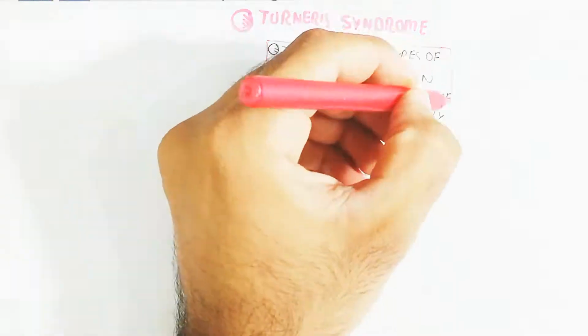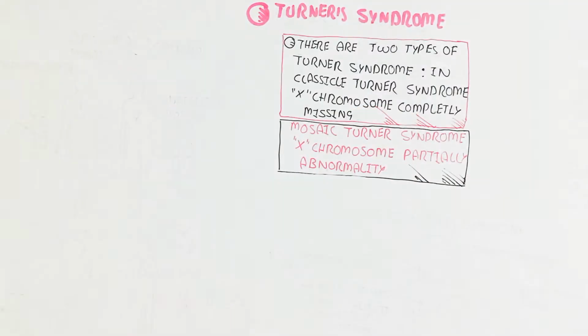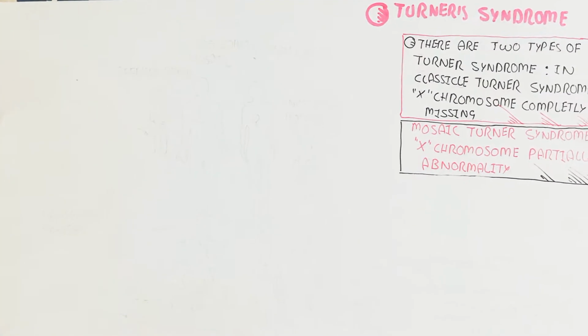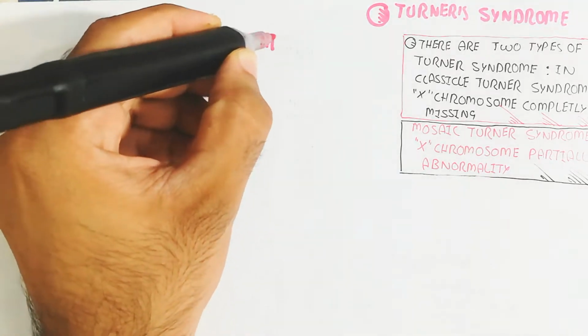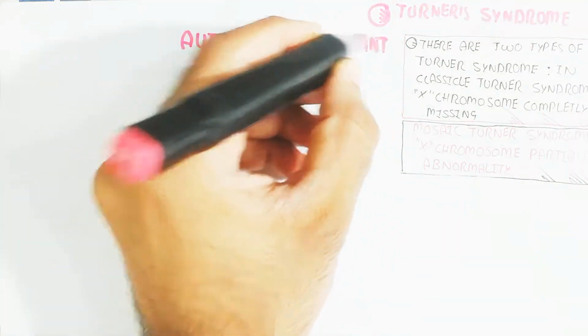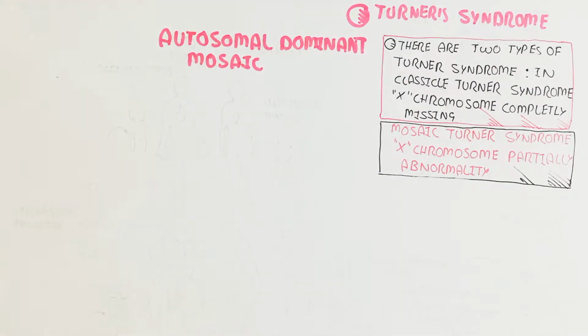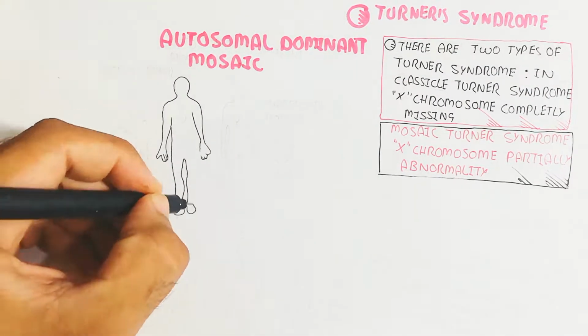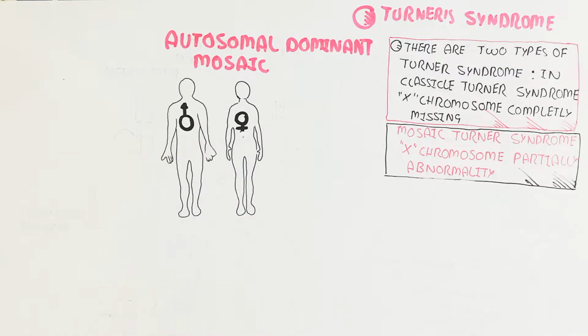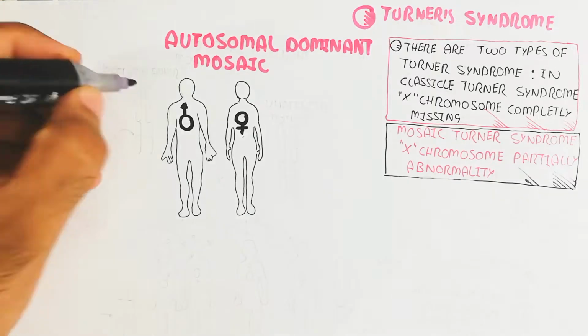So the sex chromosome. And in this way here you can see the autosomal dominant mosaic Turner syndrome. First of all we will discuss this. Here you can see the male and female married together to reproduce children.